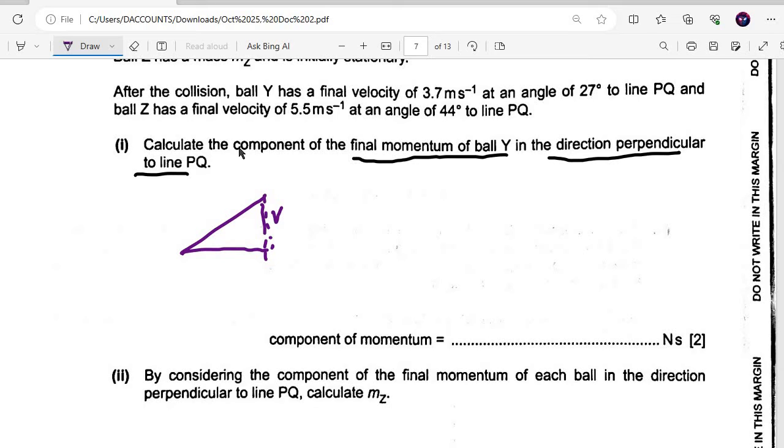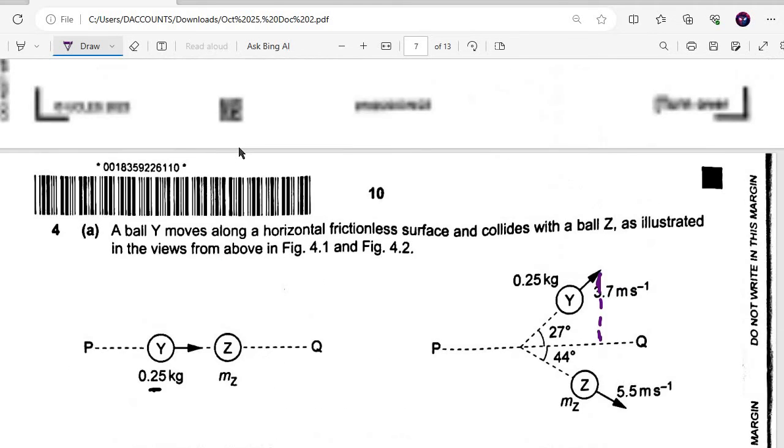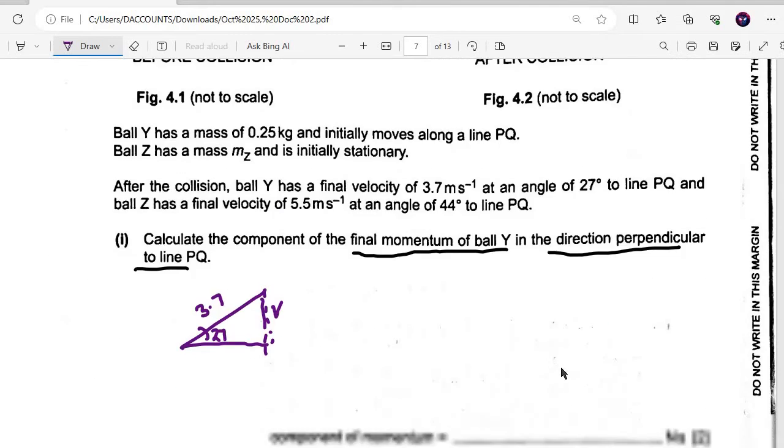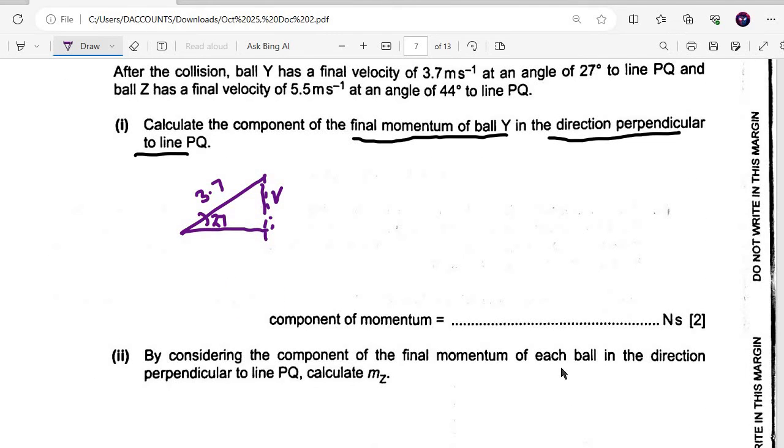The speed here is 3.7 meters per second, and the angle is 27 degrees. I'm looking for this velocity perpendicular to PQ. This is PQ, and perpendicular to it is QR.